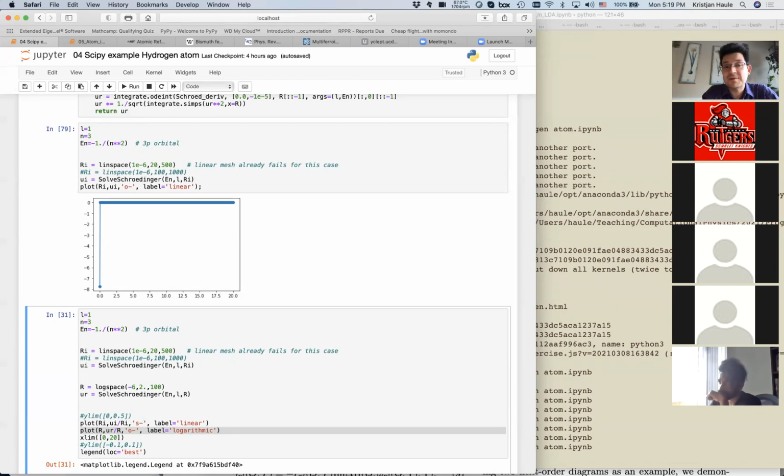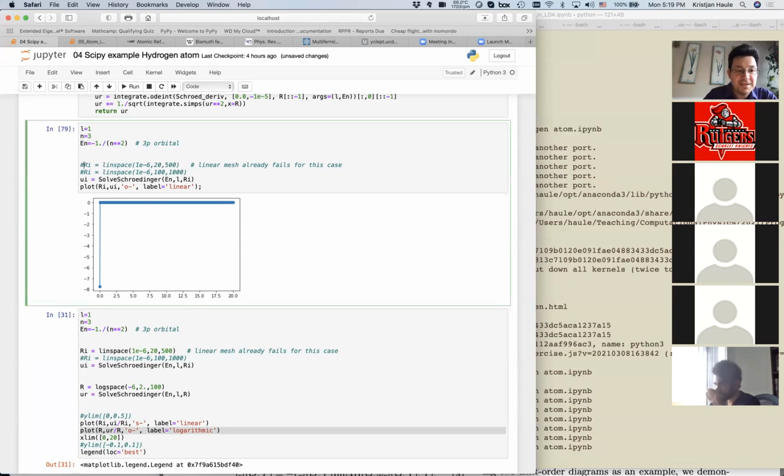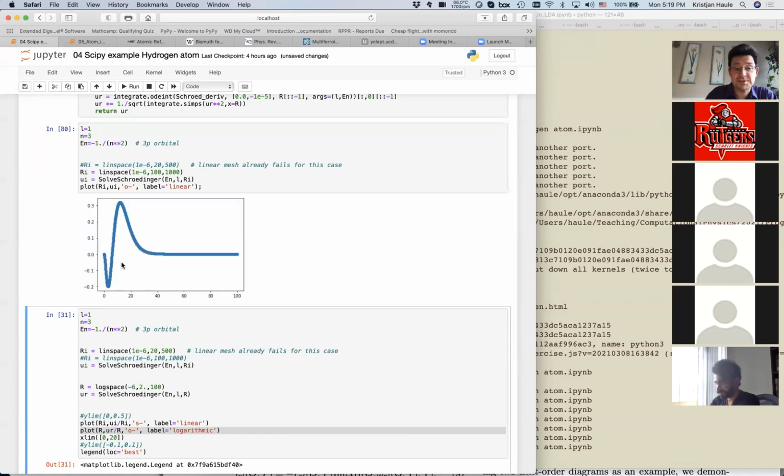But this time it is not so bad, because it turns out that this is caused by somewhat imprecise numerics again. If we improve the mesh a little bit, so that we don't assume that the function vanishes at R is 20, but go further to 100, then the error is much smaller.